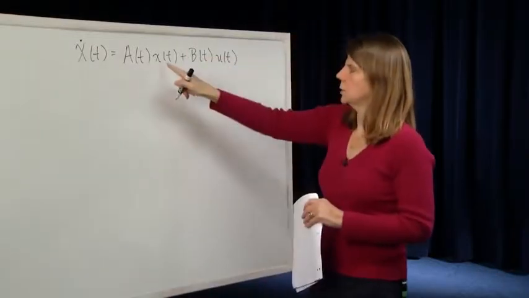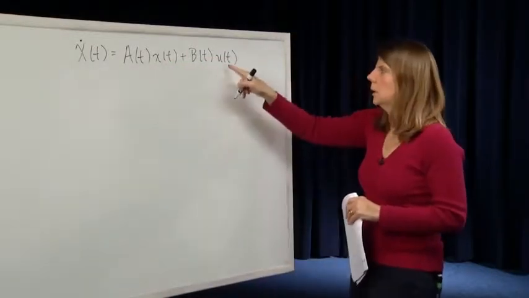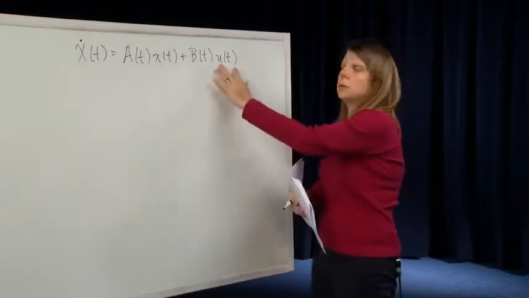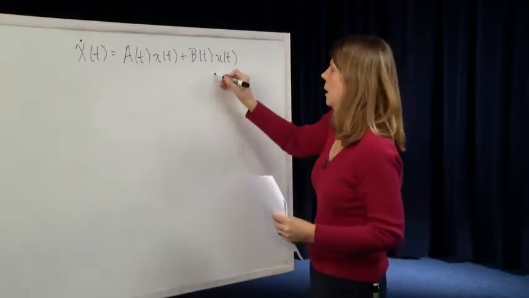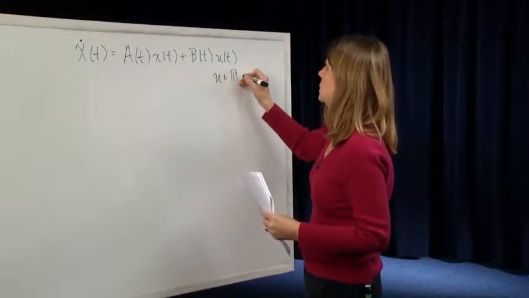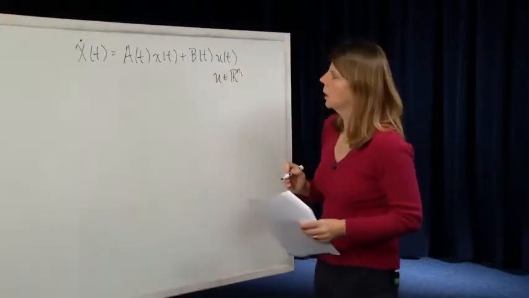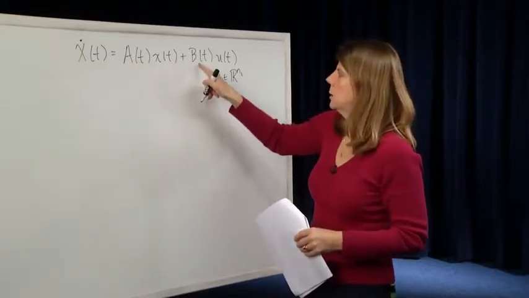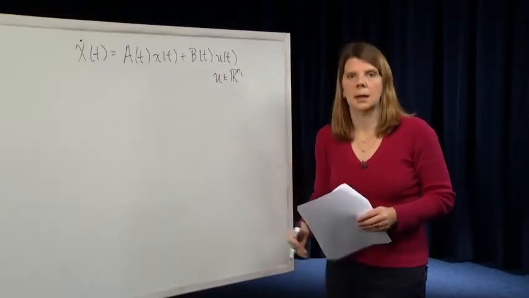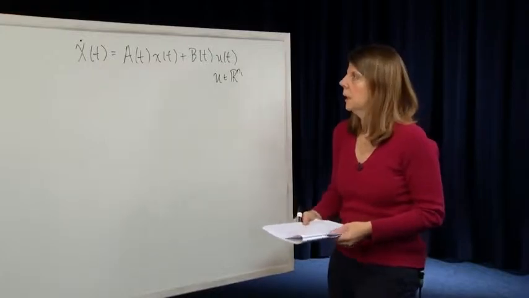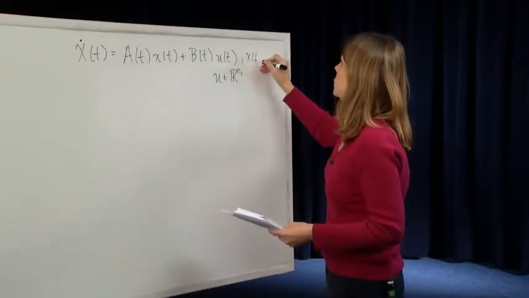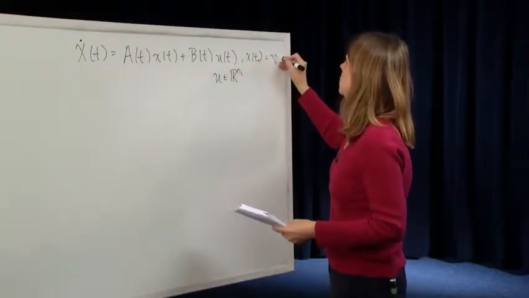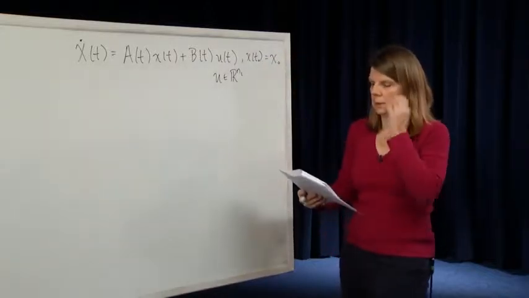And we recall the dimensions, so x is a vector in Rn. We'll assume we have multiple inputs, so u belongs to R ni for any given point in time. A is an n by n dimensional matrix, and B is an n by ni dimensional matrix. And suppose we start again with an initial condition, x at time t0 is equal to x0.